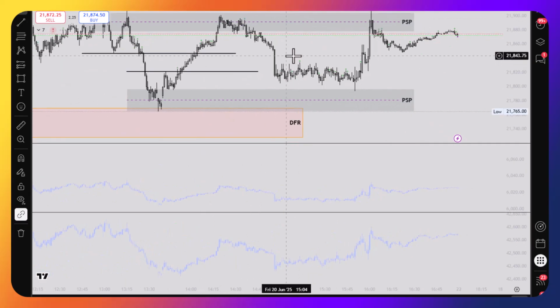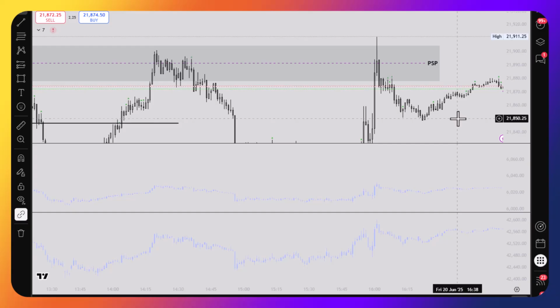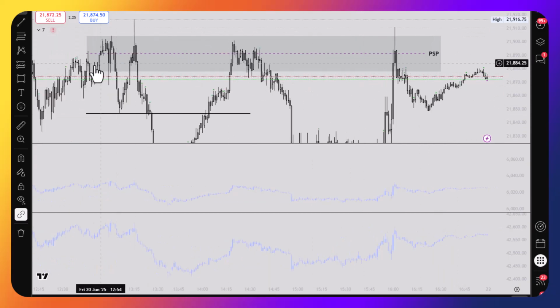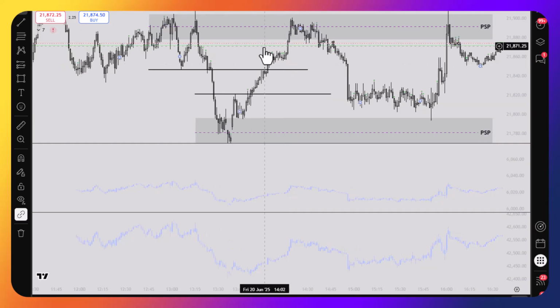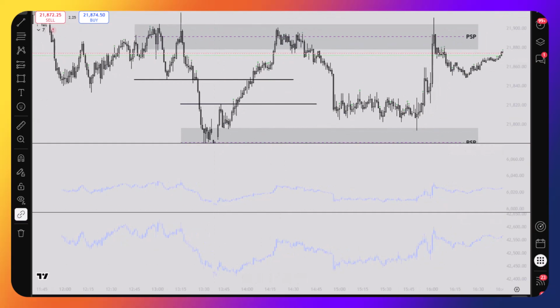So here, this 15-minute PSP, we came down, we came back up to retest. You could short this balanced price range right here.